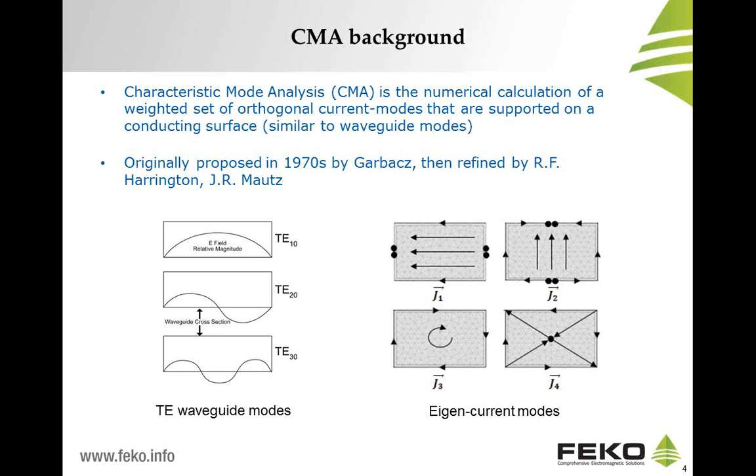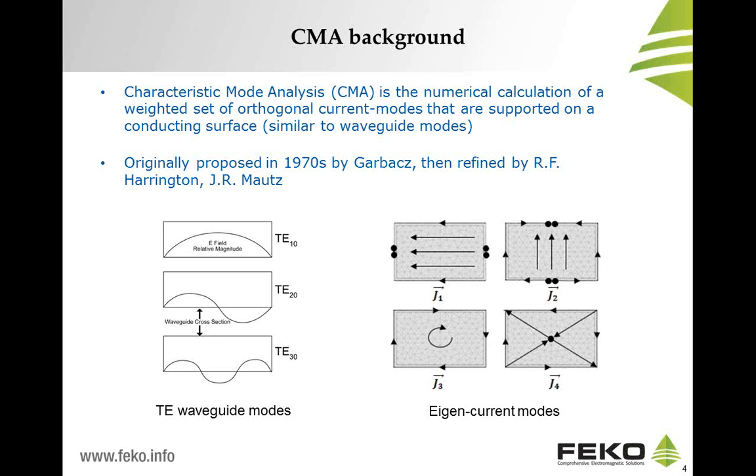On the bottom right-hand corner, the first 4 current modes of a simple structure, which is a plate in this case, are shown. I will explain a little bit later what other properties these current modes have. But it is important to note at this stage that it is a way to decompose your solution into its fundamental building blocks.